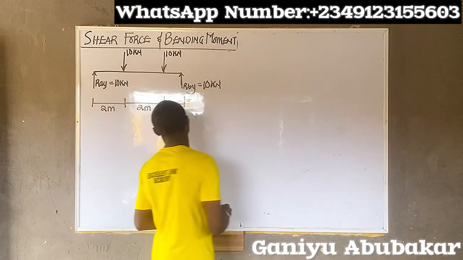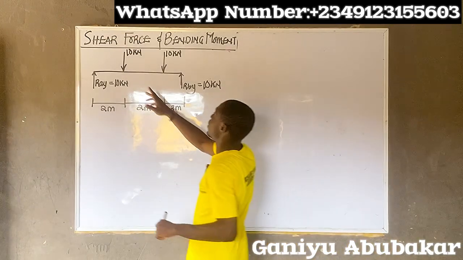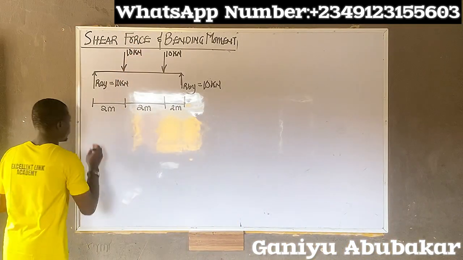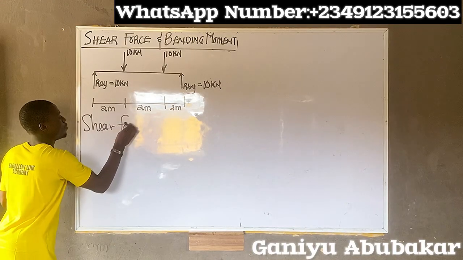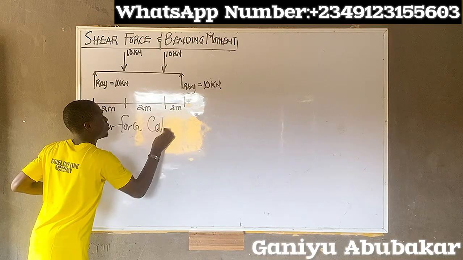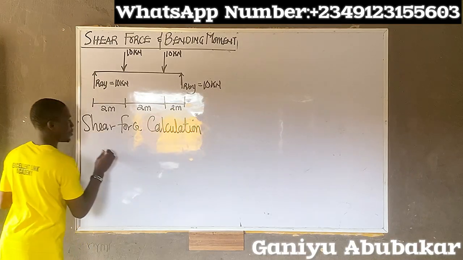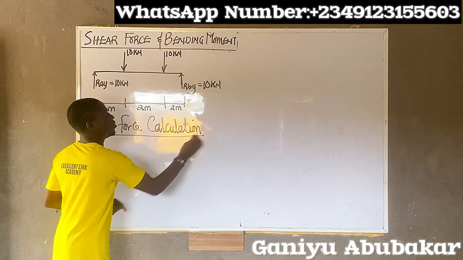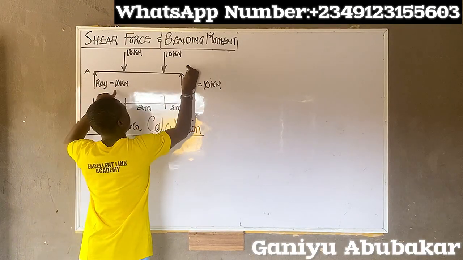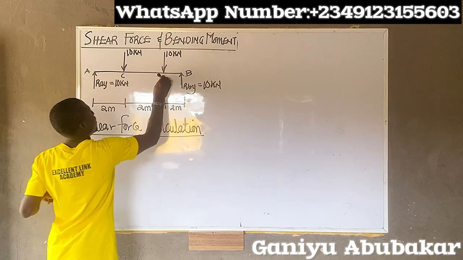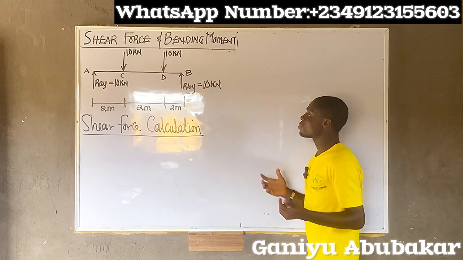Let's focus now on getting shear, the main purpose of the question, which is the shear force calculation. All right, let's do shear force calculation. Here is A, here is B, here is C, and here is D. Now, observe very well.